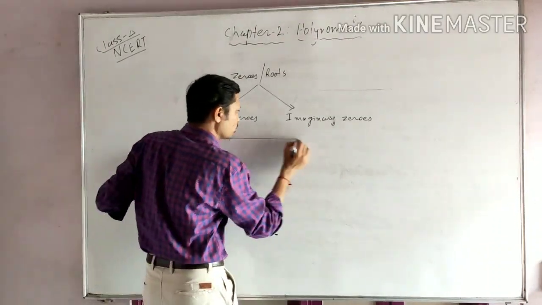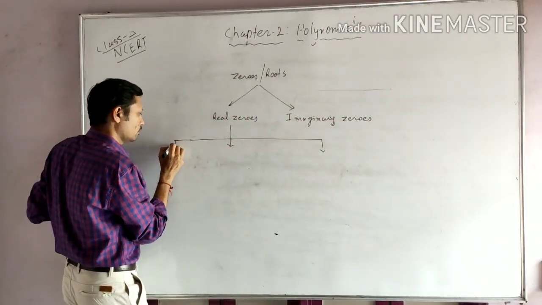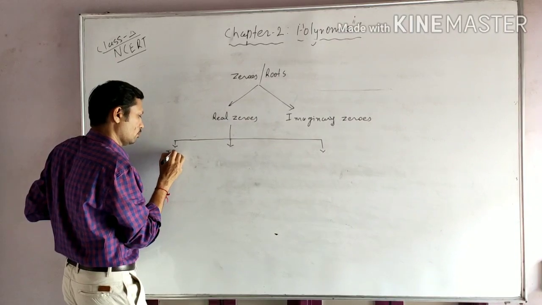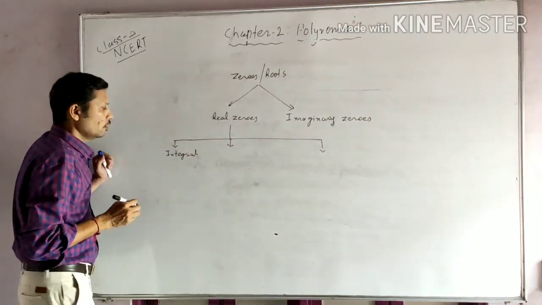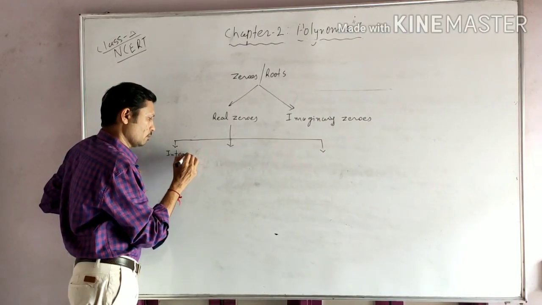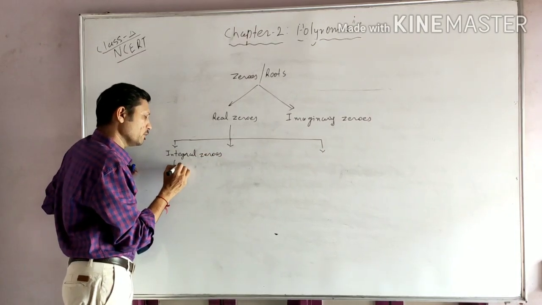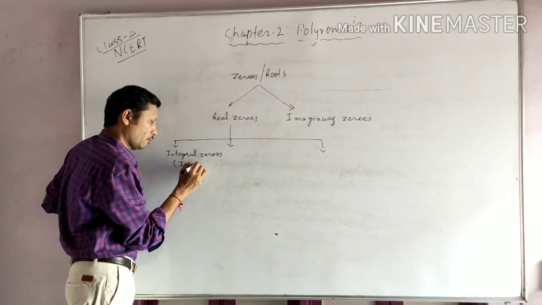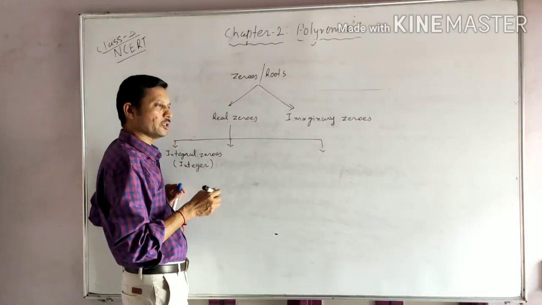In the real zeros also we have the mainly three parts. Okay. Integral zeros, that means called the integer. Integral zeros, that means integer.